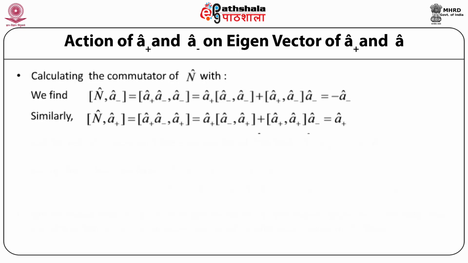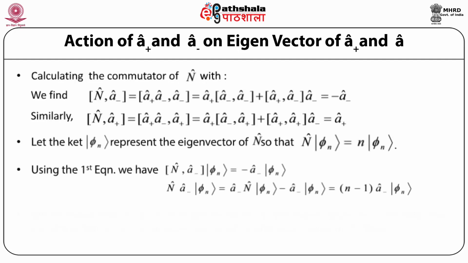Now, calculating the commutator of the number operator n with the raising operator A plus and the lowering operator A minus, we find that the commutator of the number operator with the lowering operator A minus is equal to the commutator of the raising into the lowering operator, that is A plus A minus, and the lowering operator A minus, since the number operator is given as the product of the raising operator times the lowering operator.